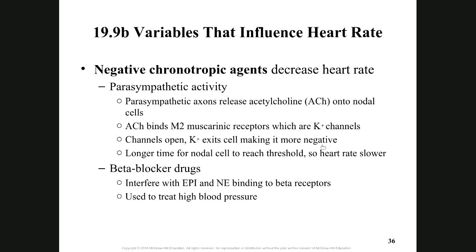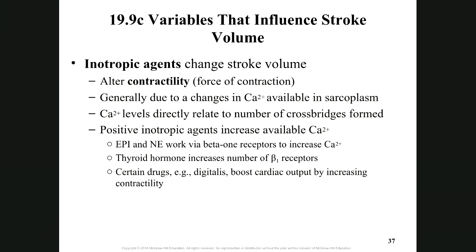When it becomes more negative, it needs longer time to reach the threshold level, so our heart rate decreases. Some beta blocker agents can interfere with the function of epinephrine and have the same effect. And we use these agents when we want to treat high blood pressure.